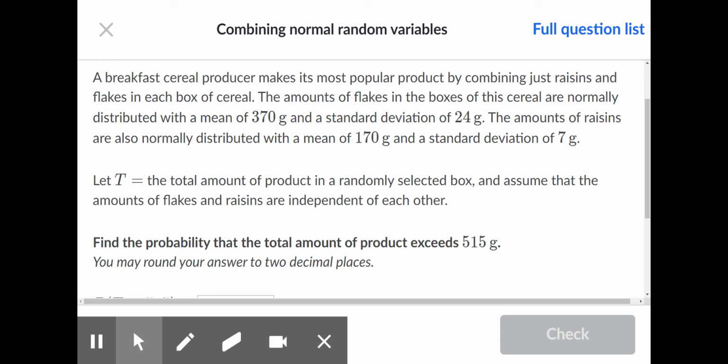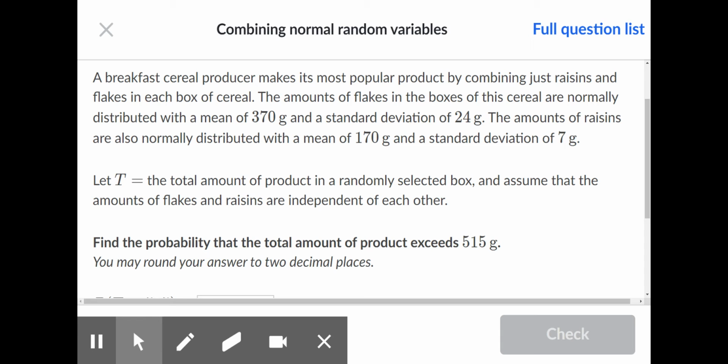Add another 25, it'll be 590, and another 25, it'll be 615, and so on. This new random variable T, which is what you get when you add the flakes and the raisins, will be normal, because both of them are normal. When you add two normal random variables, your T will be normal too.